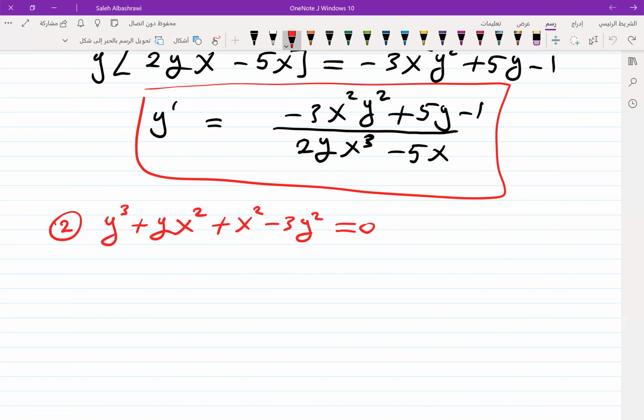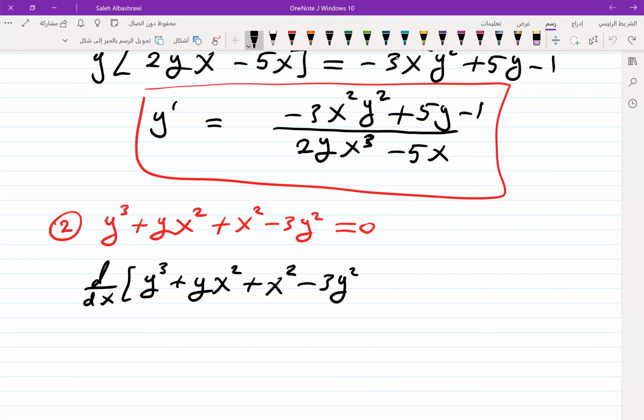So we will differentiate the left hand side and right hand side with respect to x. d/dx of y to power 3 plus y x square plus x square minus 3 y square equal to the derivative of the right hand side with respect to x.